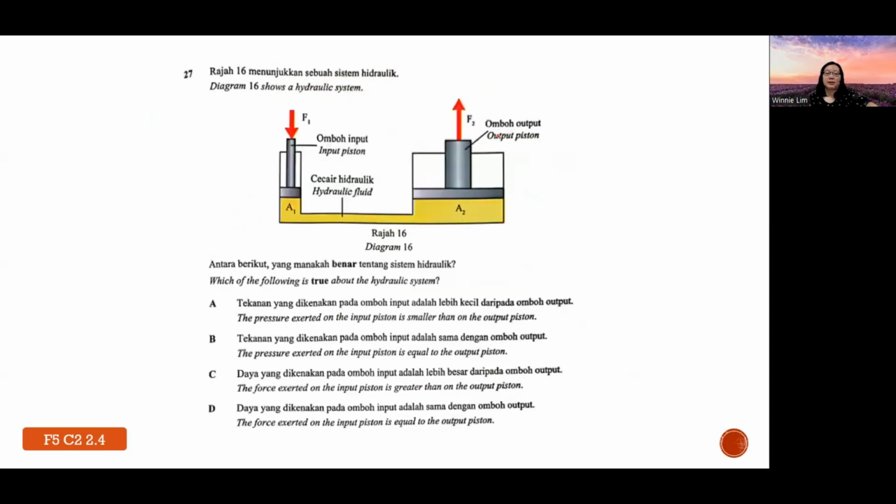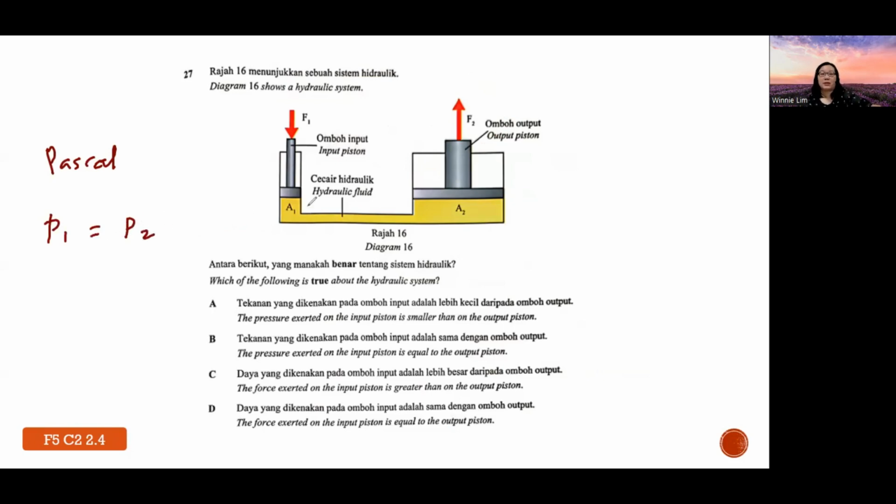27. Diagram 16 shows a hydraulic system. Which of the following is true about the hydraulic system? So a hydraulic system is under Pascal's principle. Pascal's principle states what? The pressure is transmitted uniformly throughout the whole enclosed fluid. Therefore the idea behind is P1 has to be equal to P2 because the pressure is transmitted uniformly.